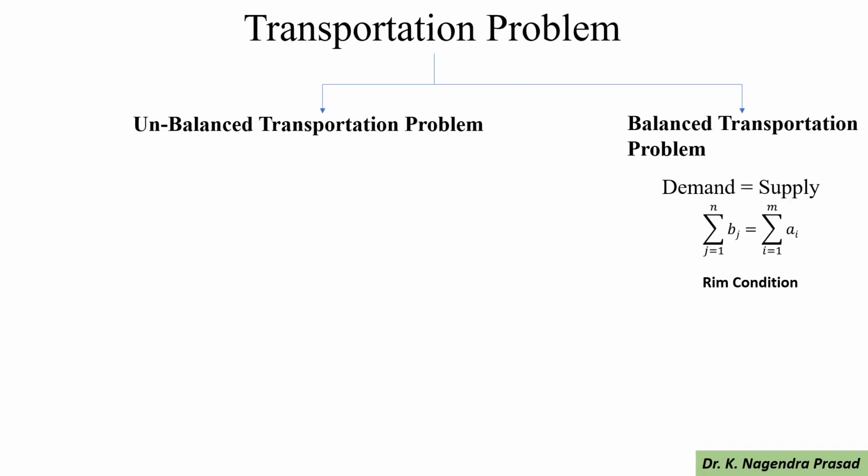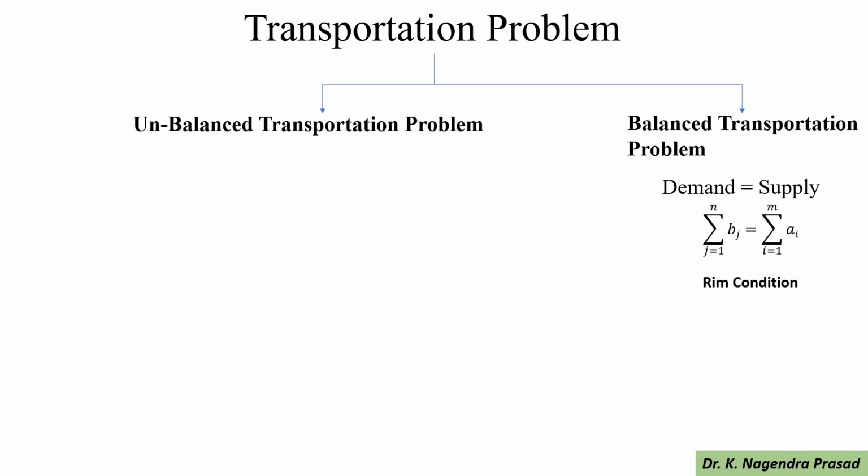The total demand is the summation of j equals 1 to n of Bj and the total supply is the summation of i equals 1 to m of Ai. So when total demand equals total supply, we call it a balanced transportation problem. This condition is also called the rim condition.